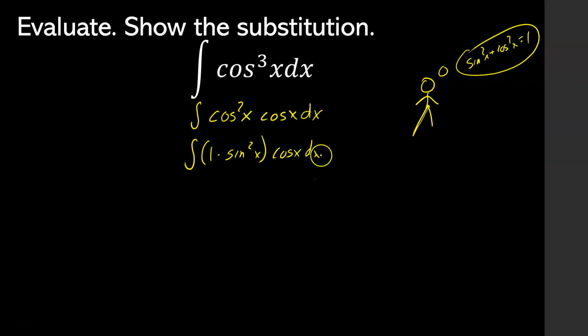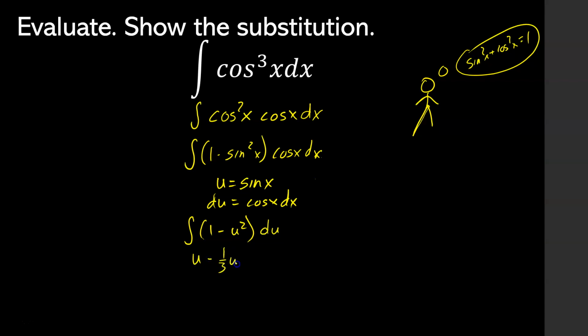So hopefully now you can see that we can say u is sine of x, which makes du cosine of x dx, and we can make our substitution. 1 minus u squared times du has the antiderivative u minus a third u cubed plus a constant. Resubstitute: sine of x minus 1/3 sine cubed plus a constant.